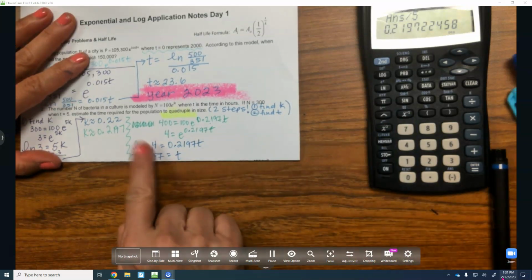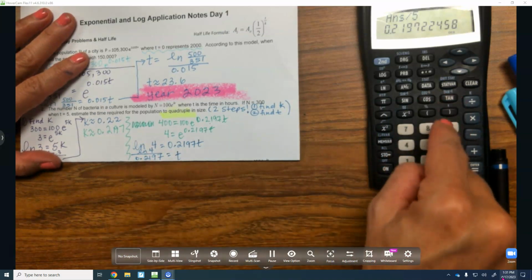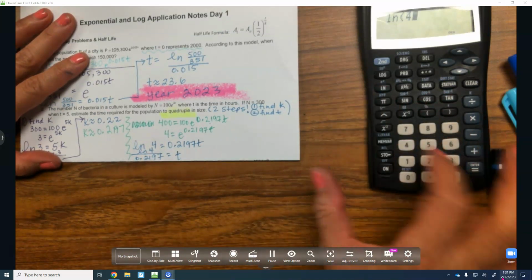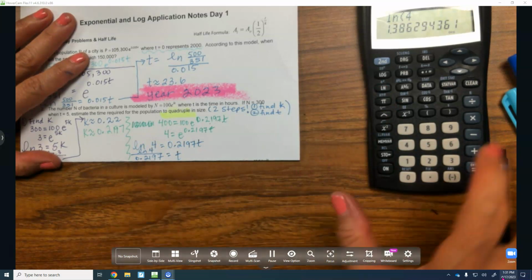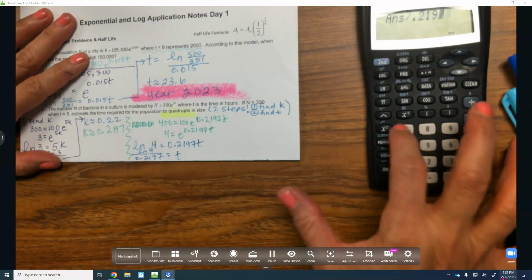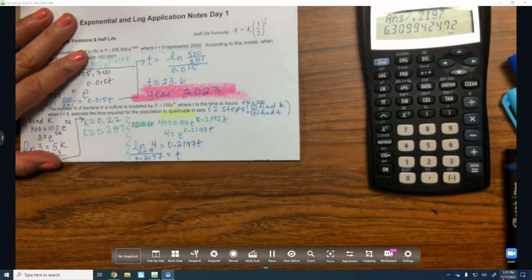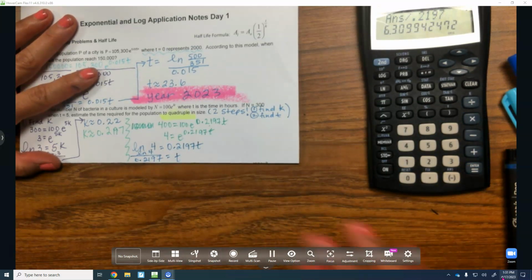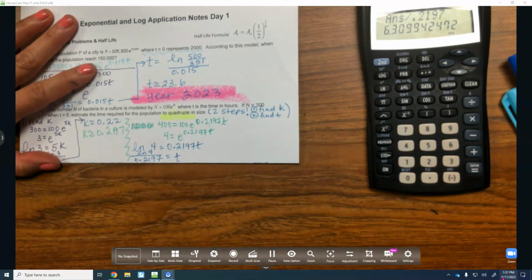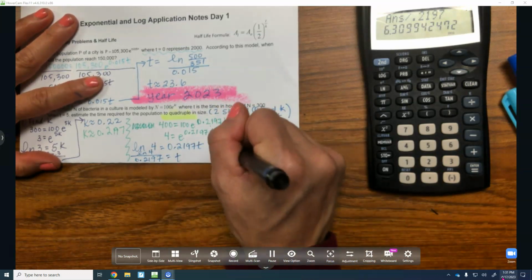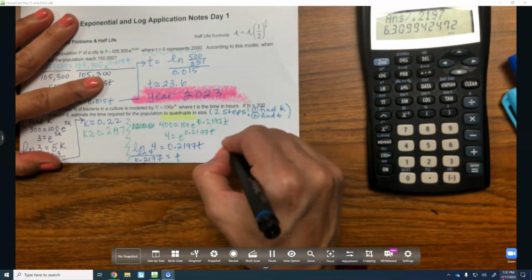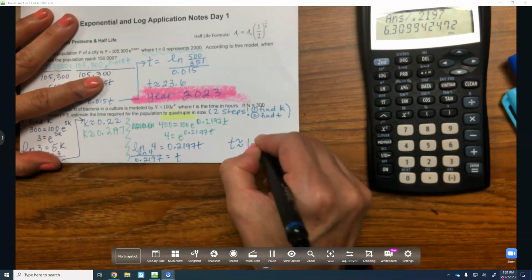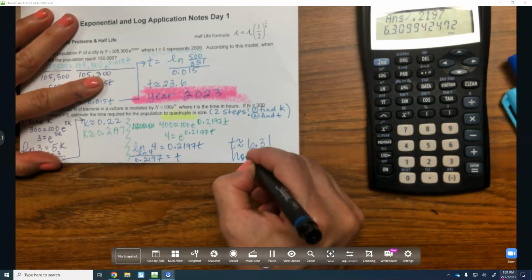So let's solve this on our calculator. We're going to take the natural log of 4, and then don't forget we're dividing by 0.2197. So it's going to take approximately 6.31 hours.